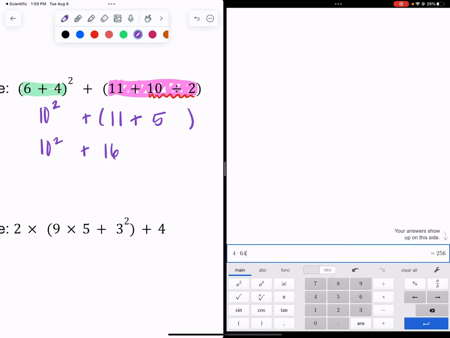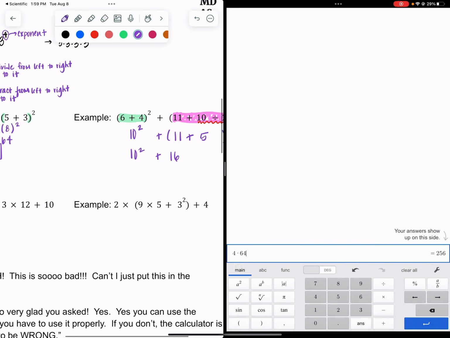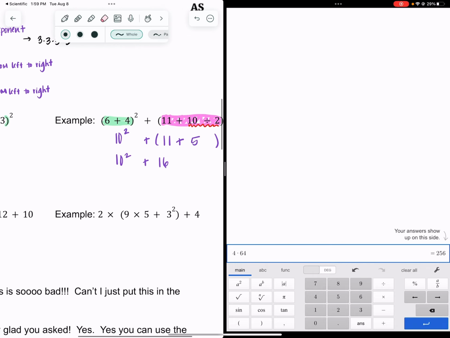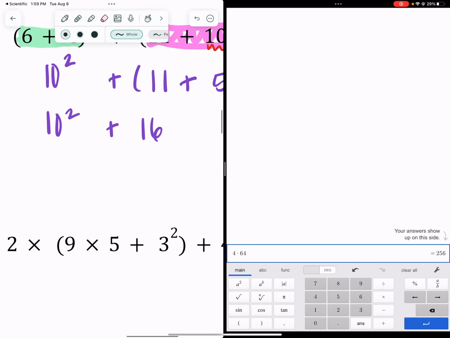I've finished off that set of parentheses. Now I can move forward in PEMDAS. The second step for PEMDAS says I need to work with my exponents. I only have one exponent. It's 10 squared. Well, I know that is 100.